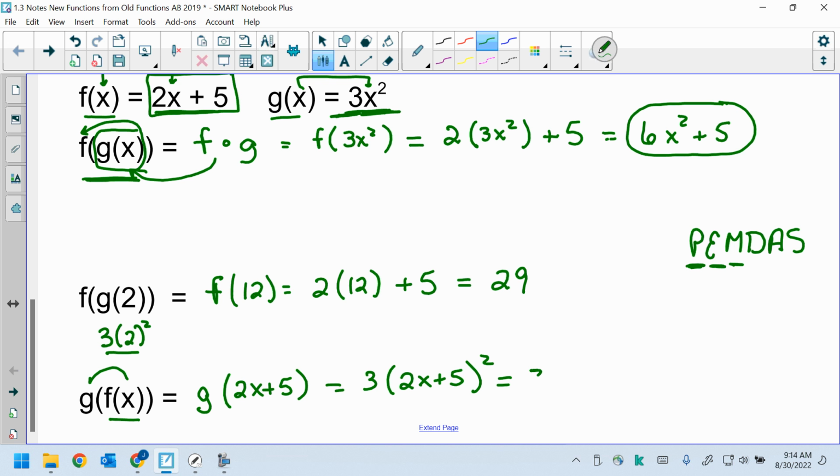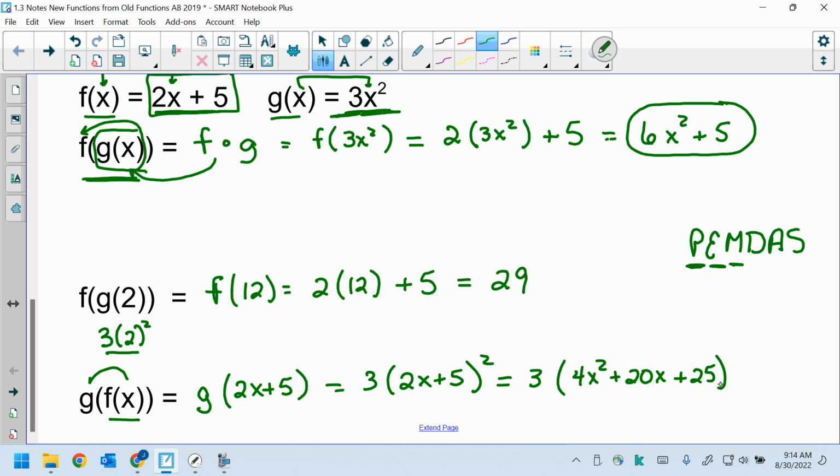I think we're going to get 3 times... if I square that, if I FOIL it, or use the box method for multiplying that, I think we get 4x squared, I think we get 20 x's, and I think we get 25.